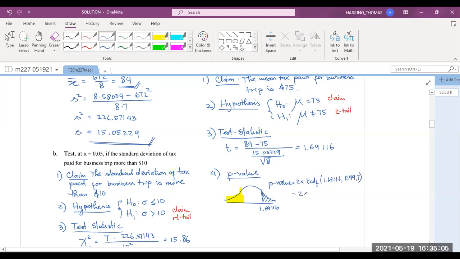That is 2 times 0.06732, multiplied by 2. I get 0.13465.